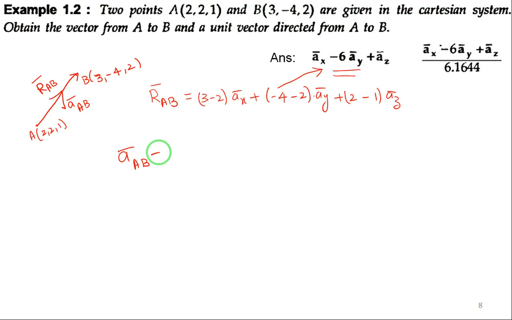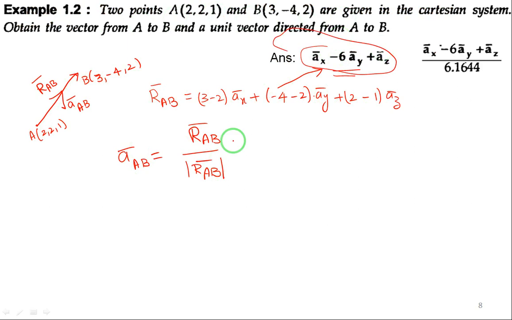AAB means the vector divided by its magnitude: the vector RAB divided by the magnitude of RAB. If I write the formula, that is sufficient. I will not solve it because I have given RAB here already. This is RAB we have found. Then find the magnitude. How do you find the magnitude?